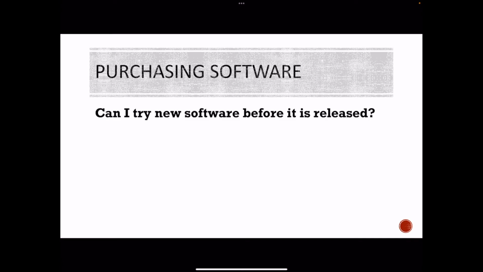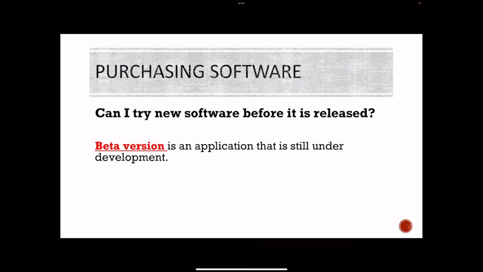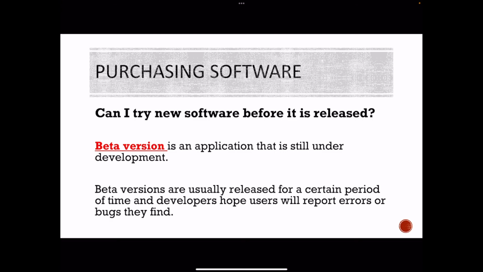Can I try new software before it's released? Some software developers offer what are called beta versions, and a beta version of software is an application that's still under development. By distributing free beta versions, developers hope users will report errors or bugs they find in their programs.